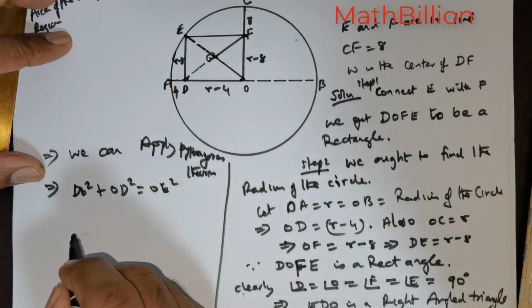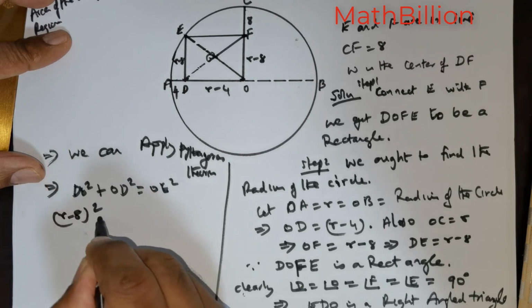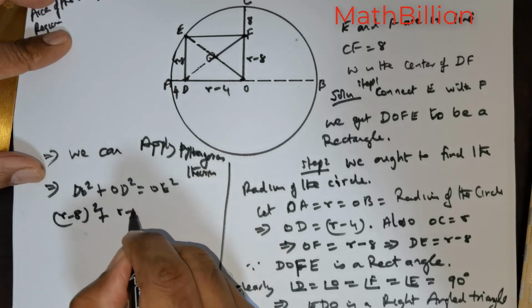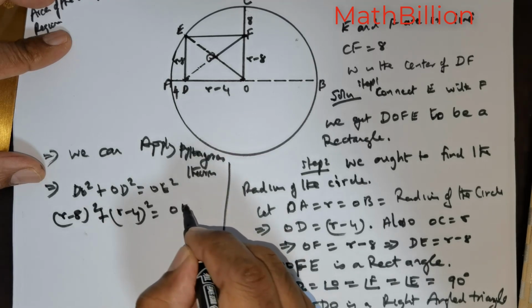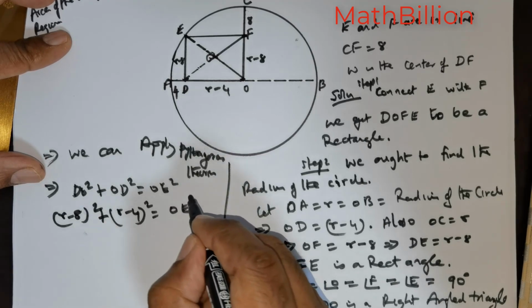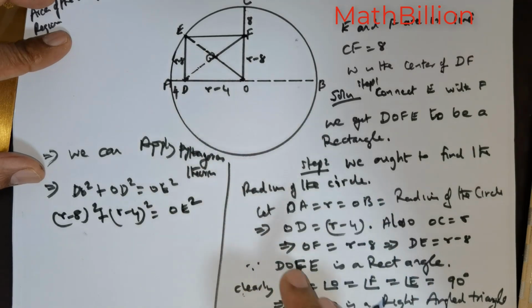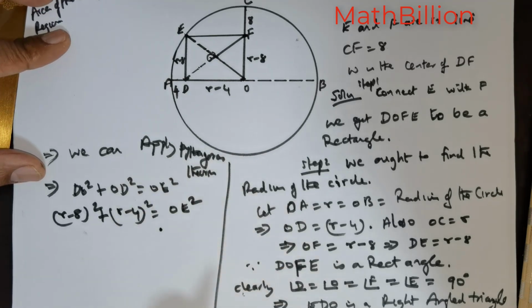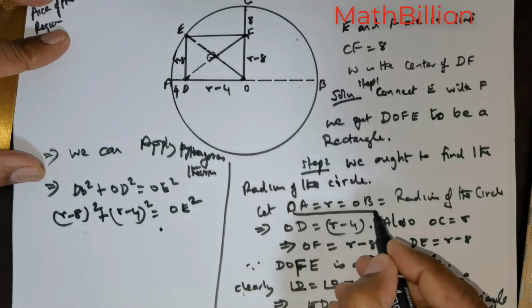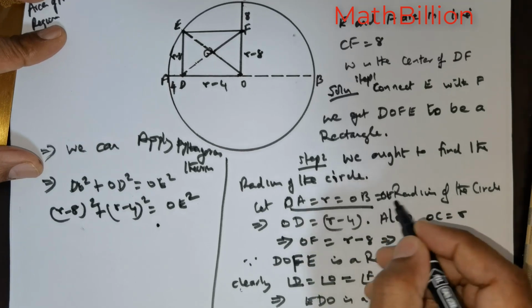So my DE squared is R negative 8 squared plus OD squared is R negative 4 squared. My OE squared is going to be the radius, right? OE squared is going to be the radius. So I can substitute that to be R, right? So I can even say this is equal to OE over here.